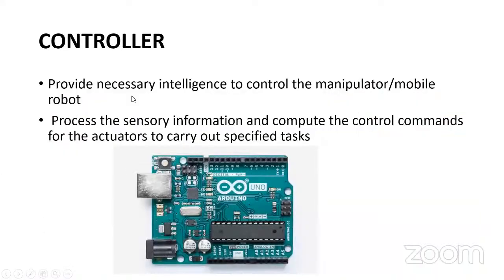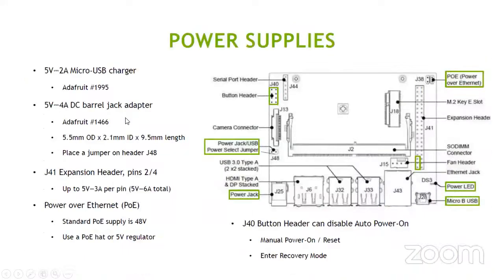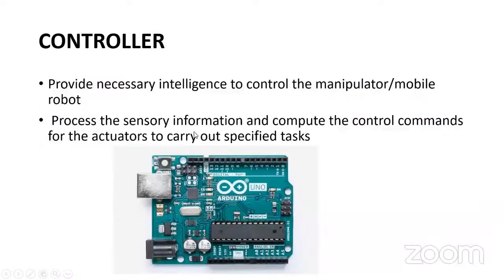So this is all about Jetson Nano. That is the main processor; we need a main brain for the robot system, so we can use Jetson Nano as the main processing unit. Then for small controlling purposes, we can use controllers. One of the most famous platforms for this type of prototyping is Arduino, and with Arduino prototyping is very easy.